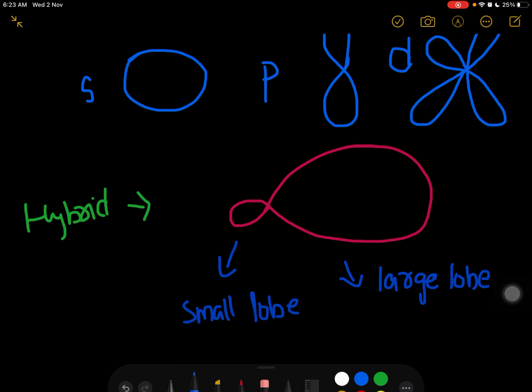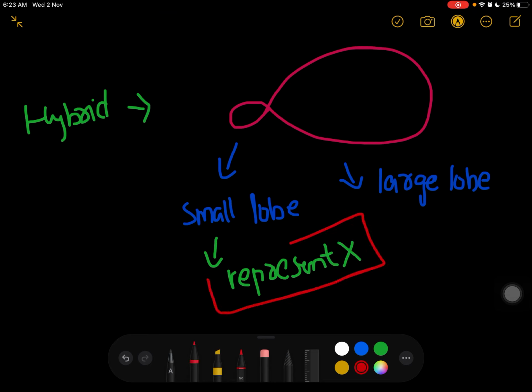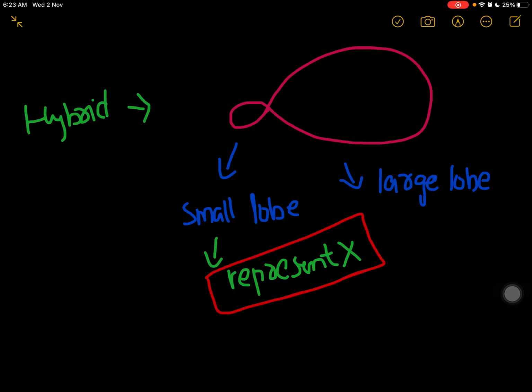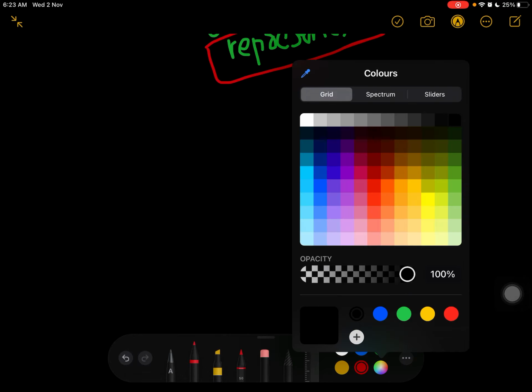In some textbooks, we don't represent the small lobe. We only represent the larger one.